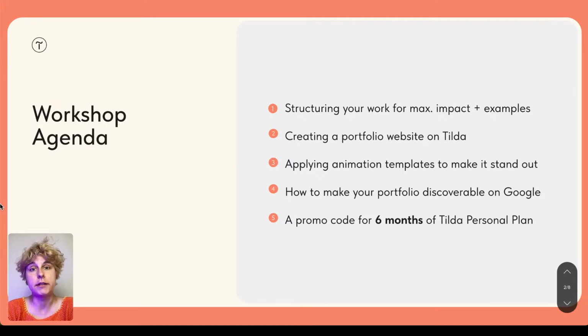If you have a website, you increase your chances to be discovered there. All right, then I will be very excited to show you some examples made on Tilda so that you get inspired.